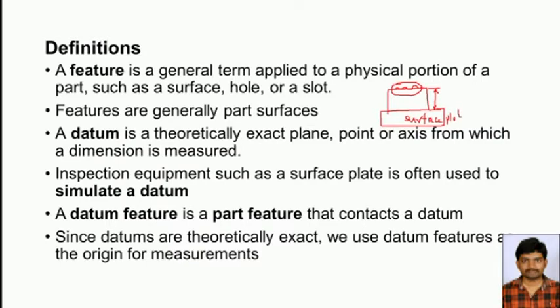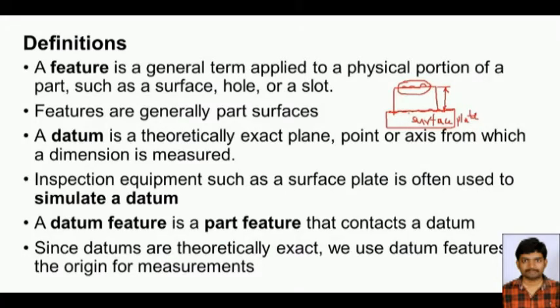So the top surface of the surface plate will act as a datum, and with reference to this surface we measure. Actually, the datum is a theoretically exact plane, or it could be a point or an axis. But when we consider the top surface of the surface plate, again there will be variation due to manufacturing variations. Even though variations are there on the top surface, we try to control the manufacturing errors on the surface plate, and we try to achieve a very flat surface.